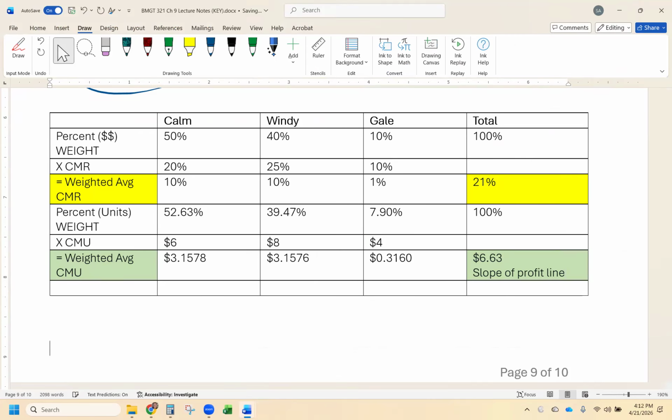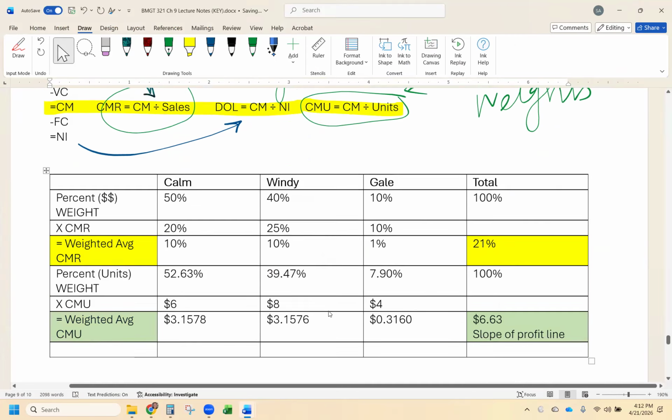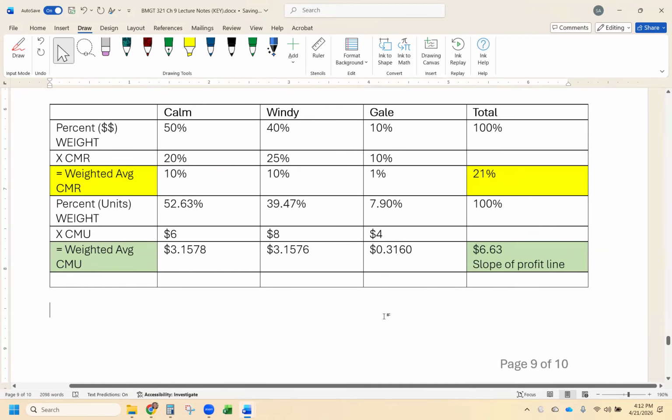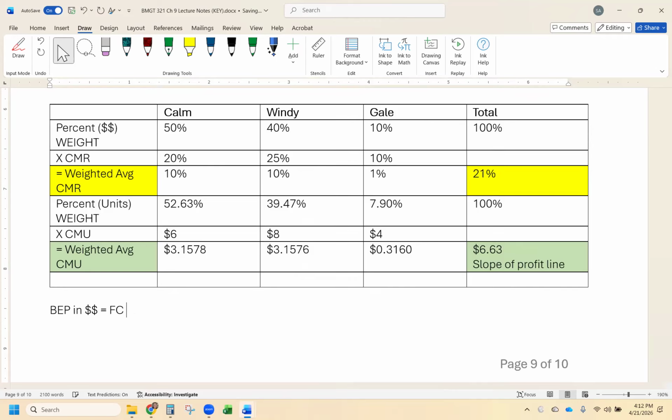So now we've got our two shortcut formulas from the book. One is break-even point in dollars is equal to fixed cost divided by CMR. The other is break-even point in units is fixed cost divided by CMU.